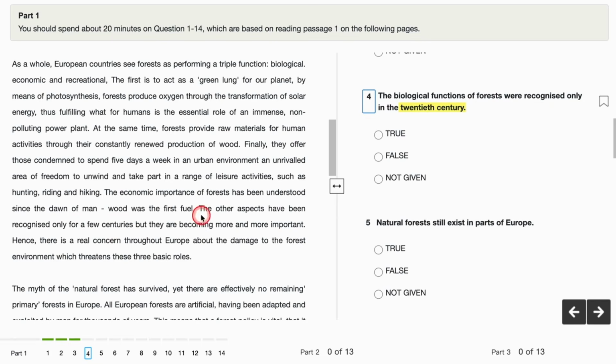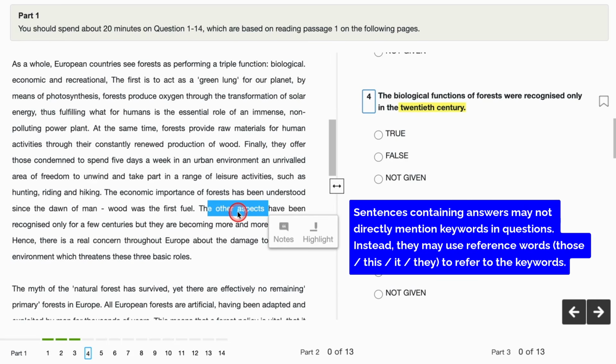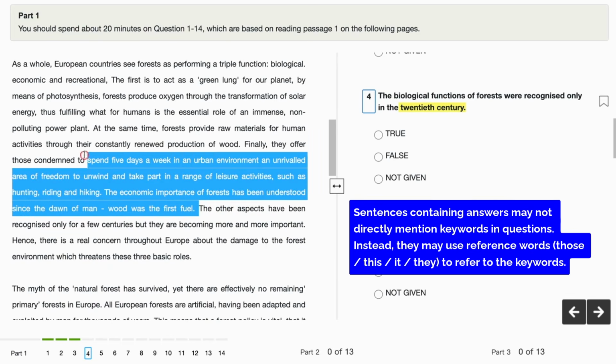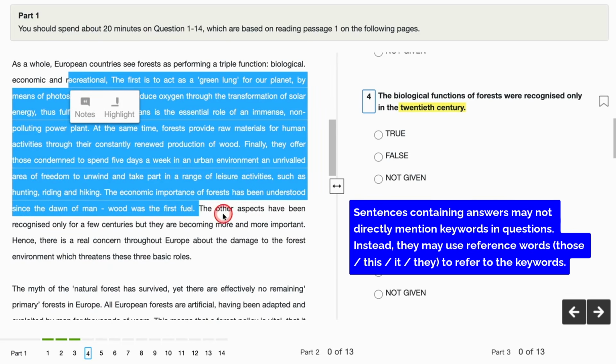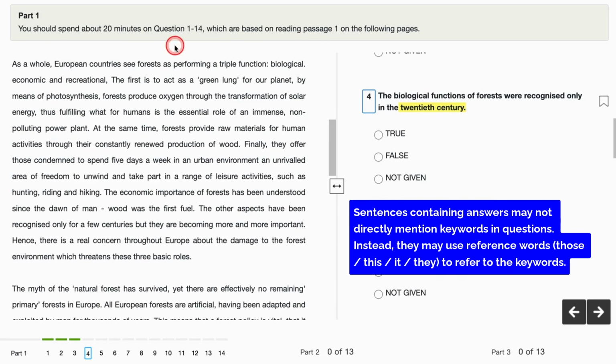So we must find out what other aspects refer to. Maybe it refers to biological functions. As I said earlier in the video, sometimes the sentence that contains the answer doesn't directly mention the keywords in the question. It sometimes uses reference words like it, they, or other aspects to refer to the keywords in the question. So we need to read backwards to find out if other aspects refers to biological functions. As you can see here, it mentions three functions of forests.